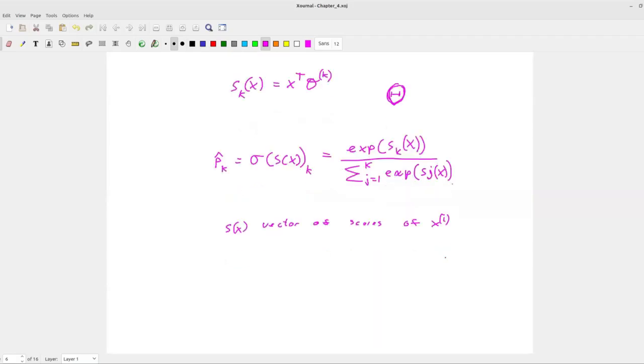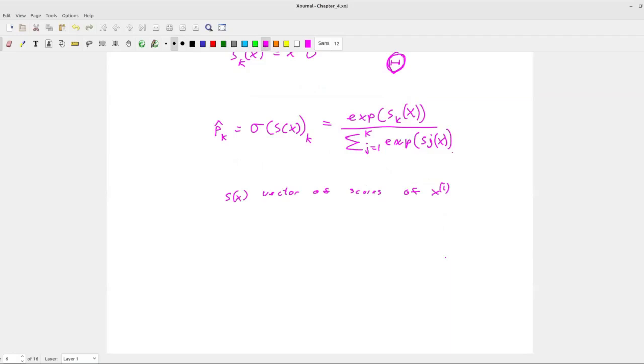So similar to logistic regression, the softmax regression classifier predicts the class with the highest probability, corresponding to the highest score.